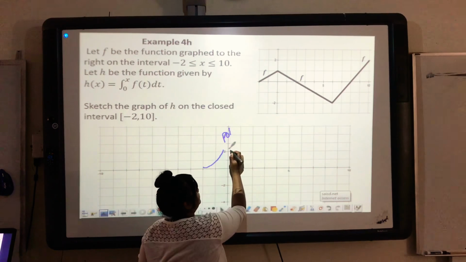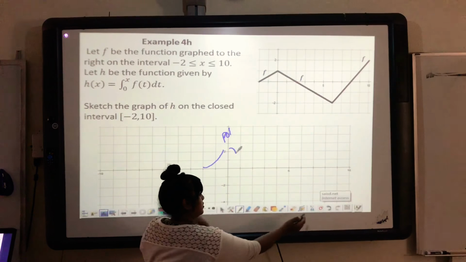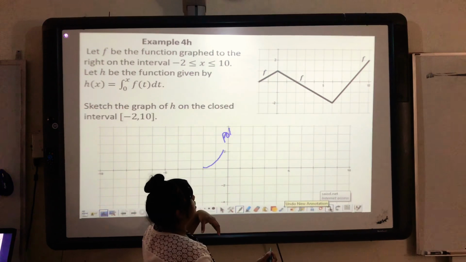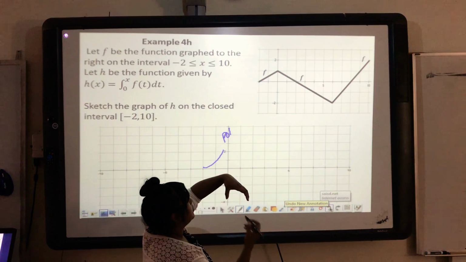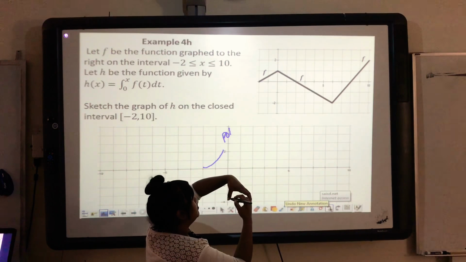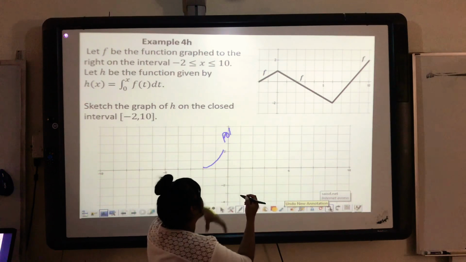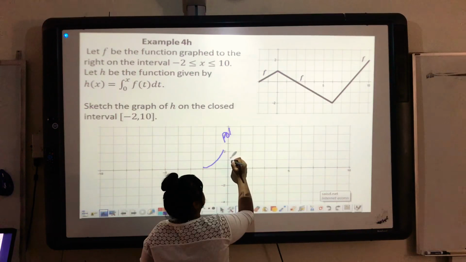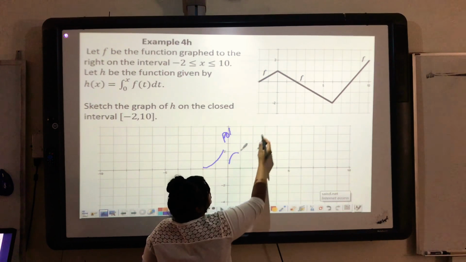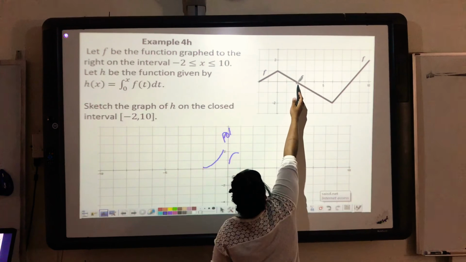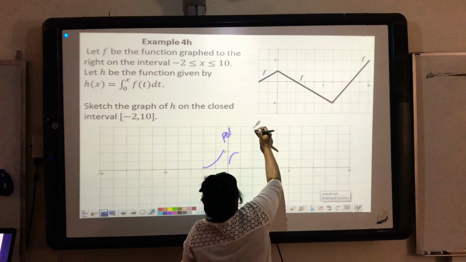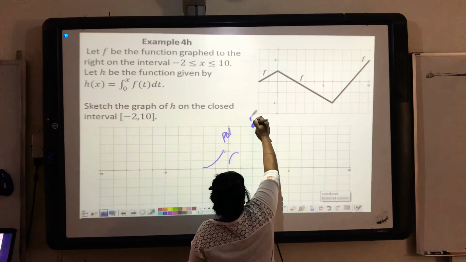So this side, I did that wrong. We're going to be concave down, and then here we have our relative max. So we're going to have a max at 2. Some sort of max.